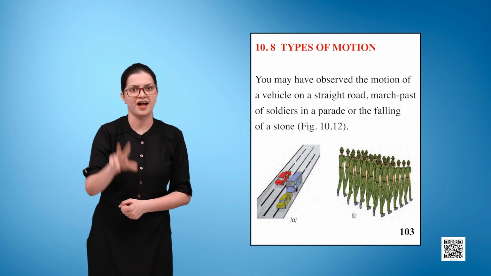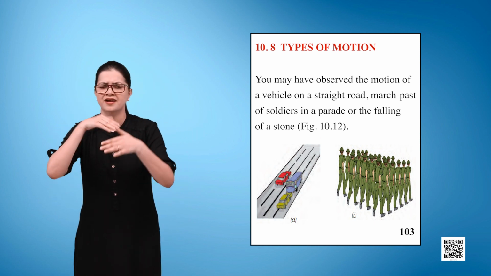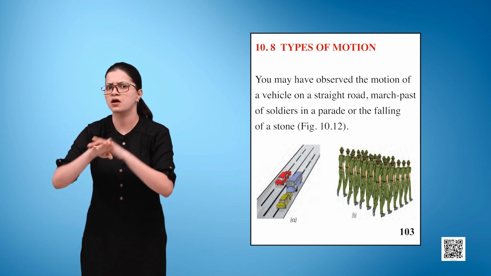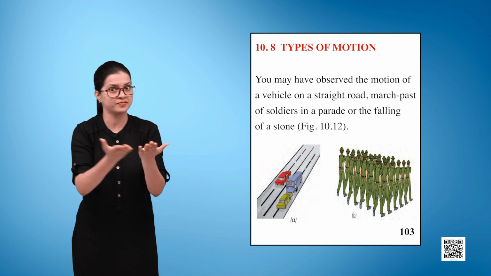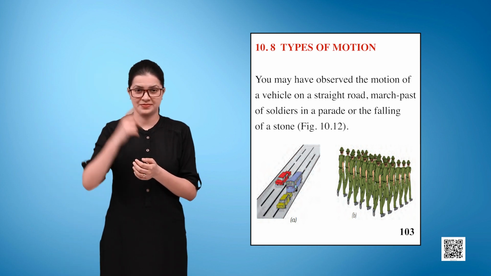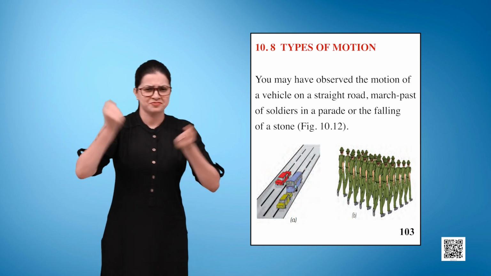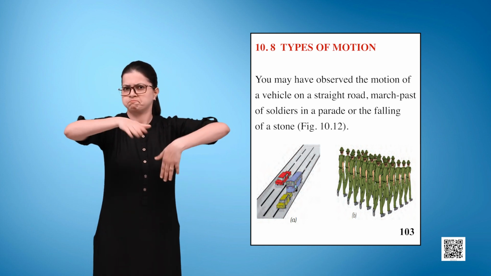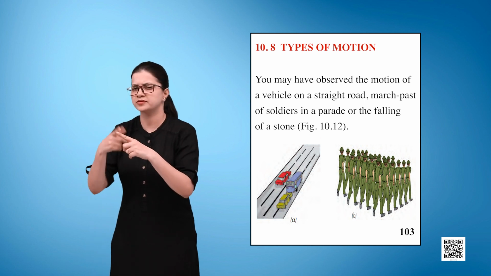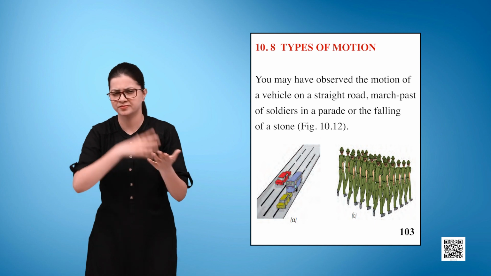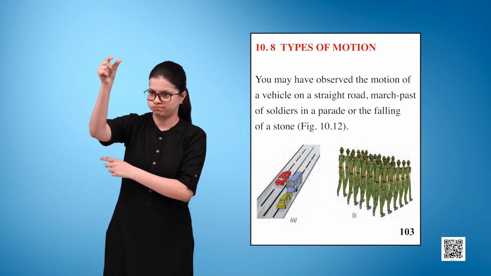10.8 Types of motion. You may have observed the motion of a vehicle on a straight road, march past of soldiers in a parade, or the falling of a stone.